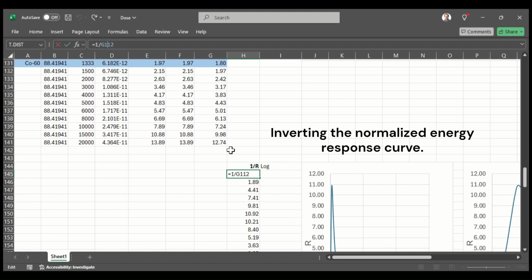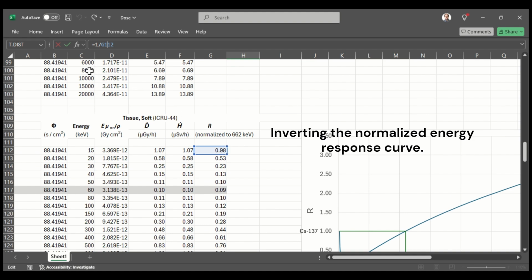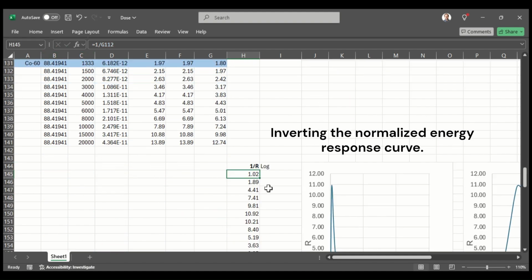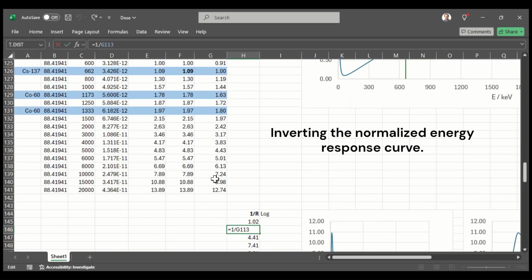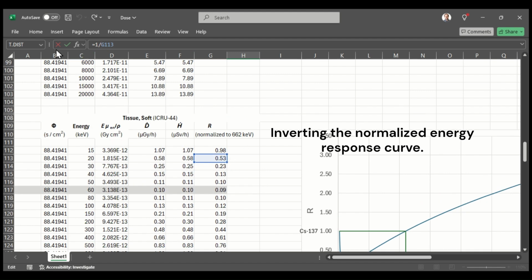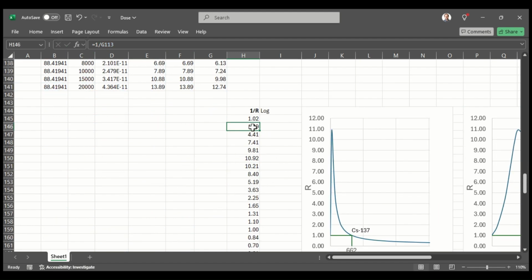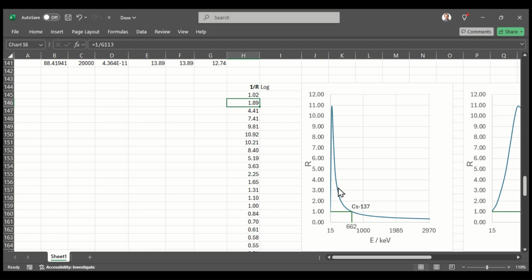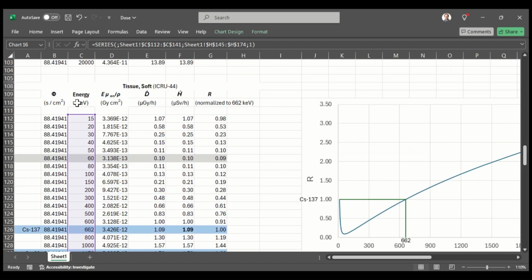Inverting the normalized energy response curve, which is the ratio of the dose equivalent at the reference energy, cesium-137, 662 kiloelectronvolts, to the dose equivalent for each energy value.